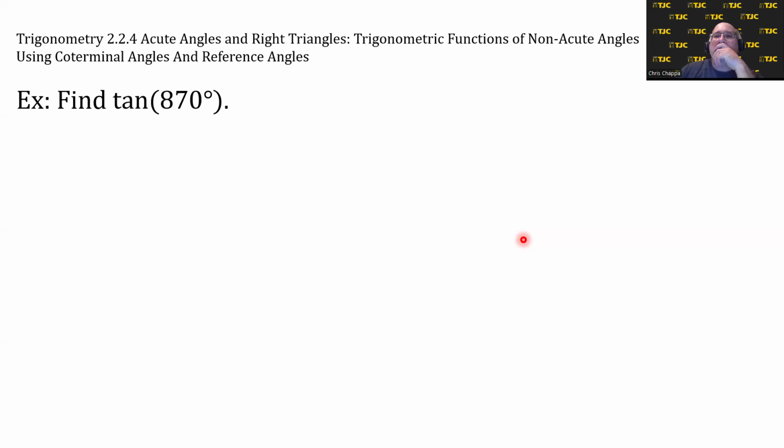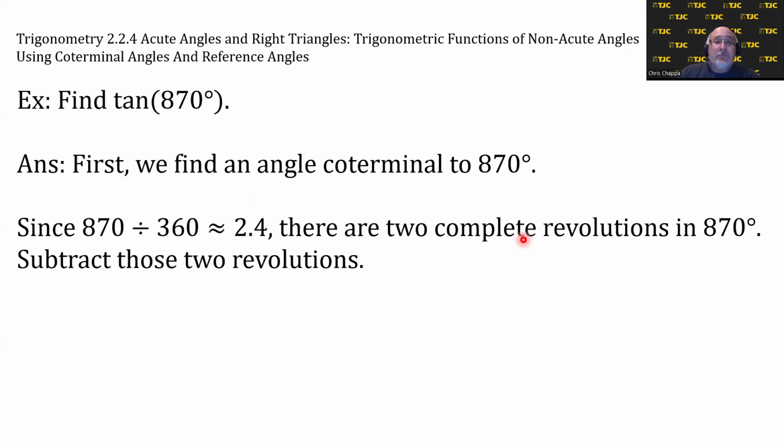Let's think about this. That's clearly outside the 0 to 360 range. Well, first, we fix the problem by finding an angle coterminal to 870 degrees, and specifically an angle between 0 and 360. So we've got to figure out how many revolutions this includes. If we divide 870 by 360, it's approximately 2.4, which shows that there are 2 complete revolutions in 870 degrees.